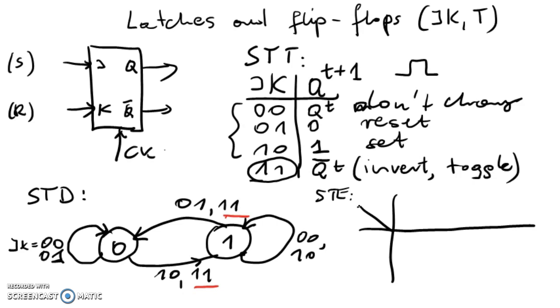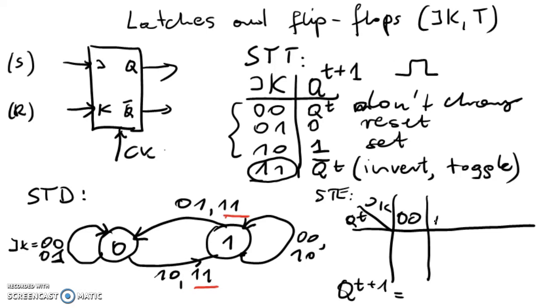The last possible way of describing latches and flip-flops is to deliver an equation for Q of t plus 1. Let's put here JK and here the current state, and your task is to deliver the equation for the next state after clock.